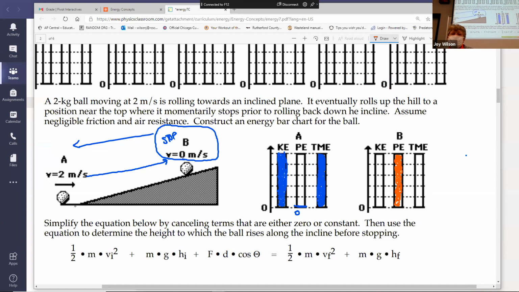Yes, sir, you may. So we have 0 kinetic this time because we stopped moving, and all our energy is potential. And so our total mechanical energy, we are still conserving energy because there was no friction in our problem.